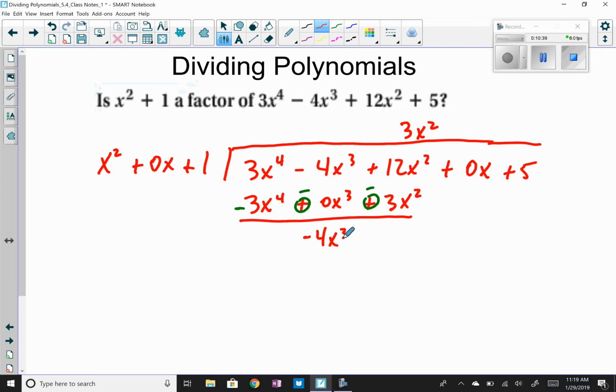Okay, and then 12x squared minus 3x squared will give us 9x squared. All right, we're ready to bring down the next column. That's a 0x.